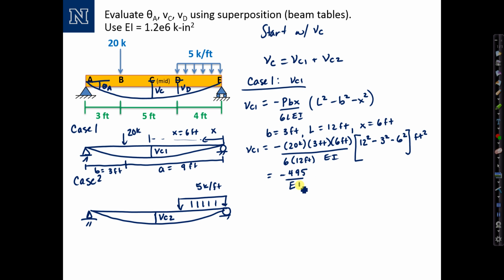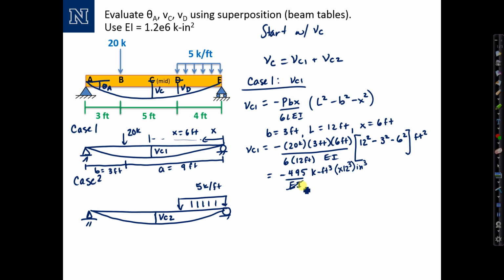This is over EI, and the units are, we have a kip, feet to the 4th on the top, over feet on the bottom, so kip feet cubed. And what I'm going to do here is convert to inches. I think that's the easiest thing to do by multiplying by 12 cubed inches cubed.